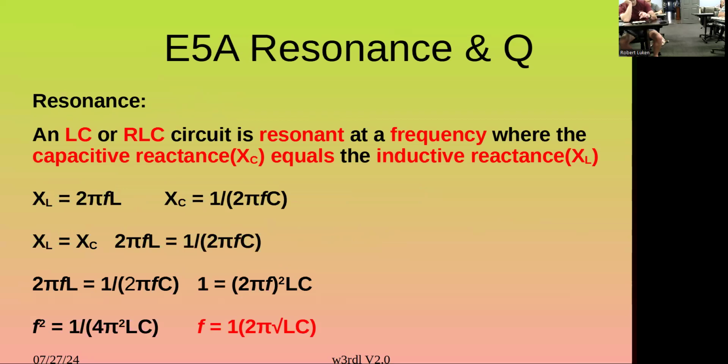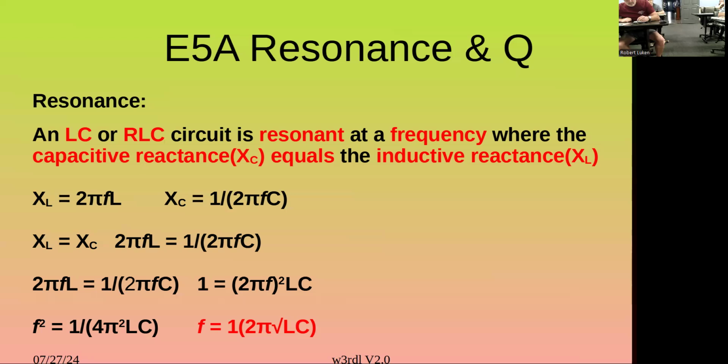The formula for inductive reactance, which you should remember, is 2 pi times the frequency times the inductance. When I learned it in college, we used omega L, and omega is equal to 2 pi F. It's just a lot easier to write omega than it is 2 pi F. Capacitive reactance is the reciprocal of 2 pi times the frequency times the capacitance.